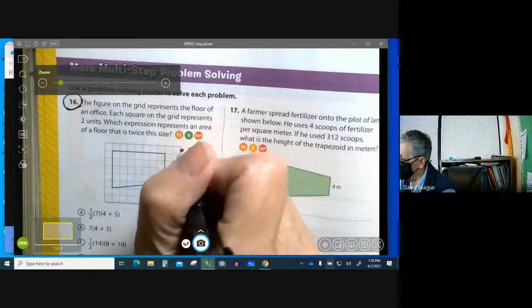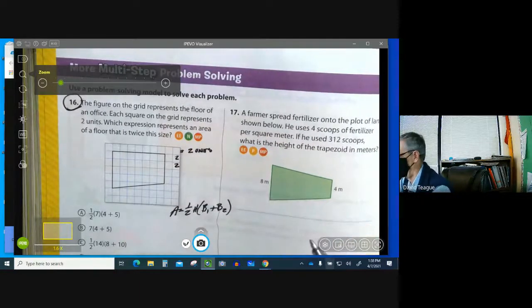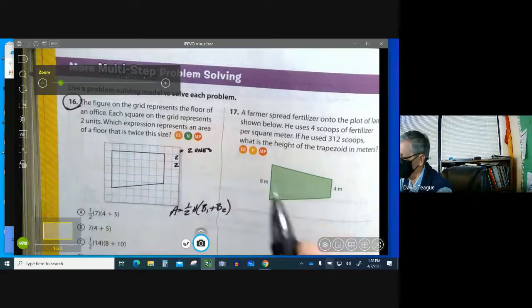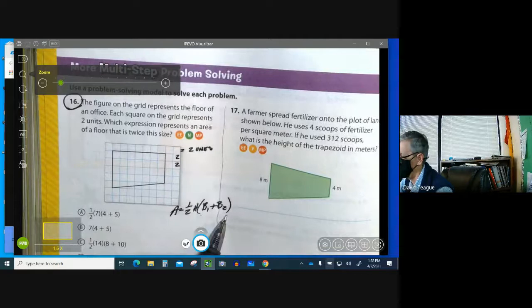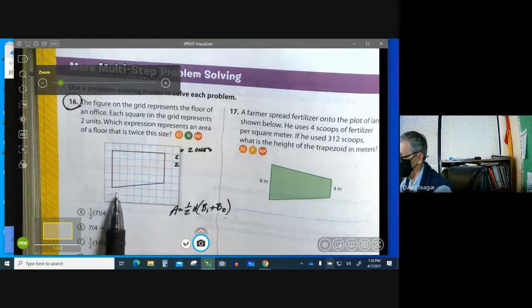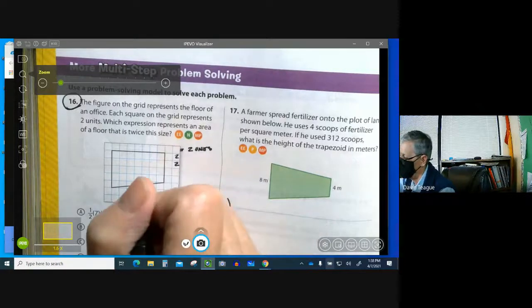But remember that each one of these has the value of 2. So you have to find your base 1 and base 2. For example, this would be 2, 4, 6, 8. This would be 2, 4, 6, 8, 10, 12, 14. So just remember each one has a value of 2.